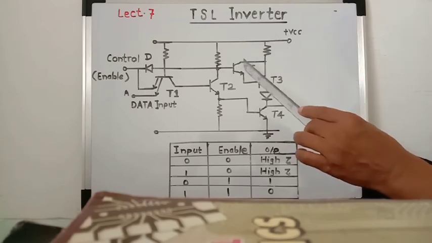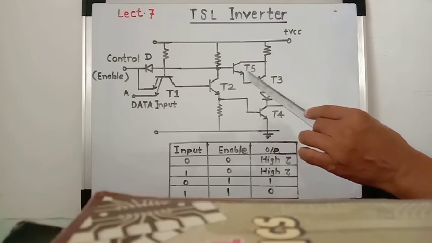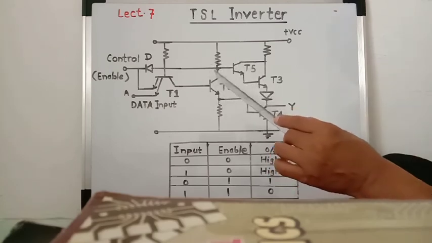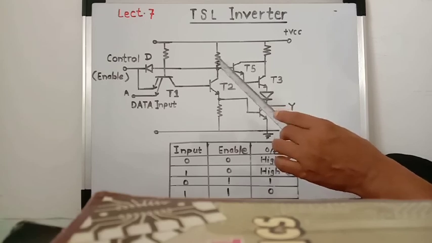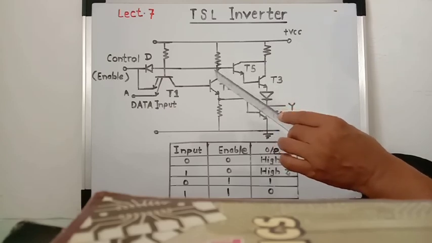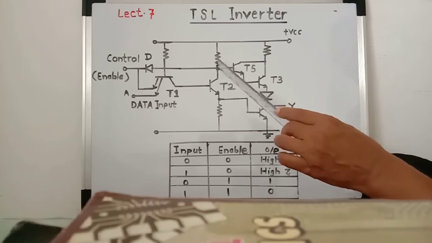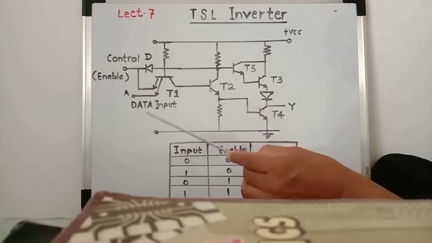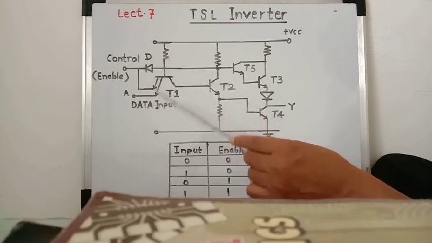Transistor T5 is cut off because the collector of transistor T2 goes low, since transistor T2 is turned on. Why is T2 turned on? Because transistor T1 is cut off.